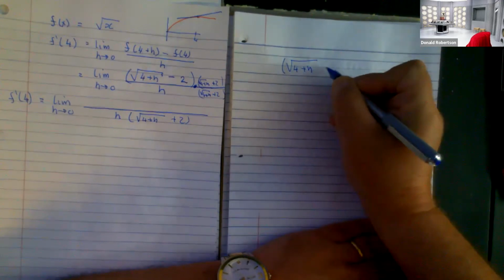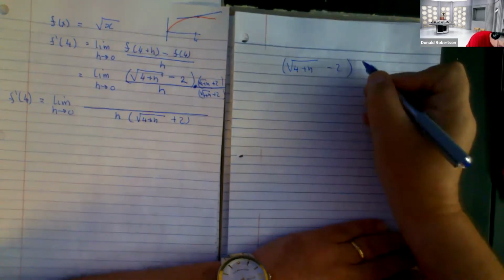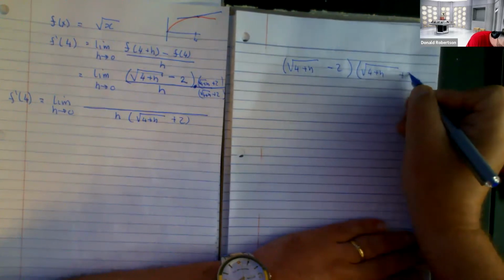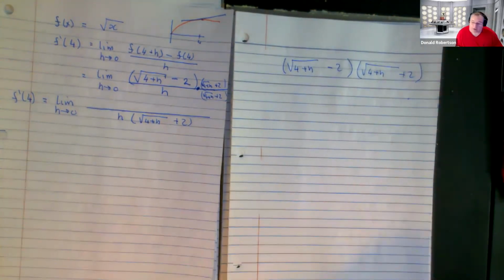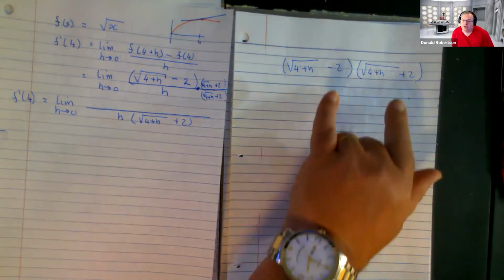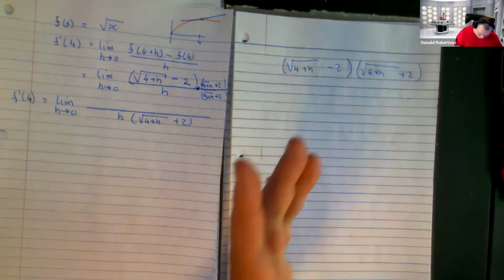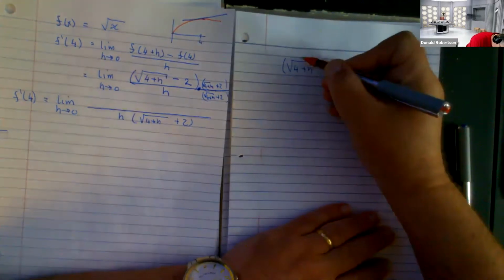So I'm going to take the original and multiply it by its conjugate. Now, the shortcut is that when you do this, you always get this guy squared, take away that guy squared. But let's show you kind of the long way.